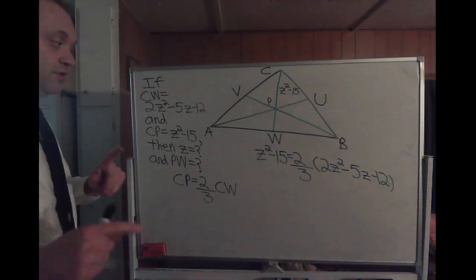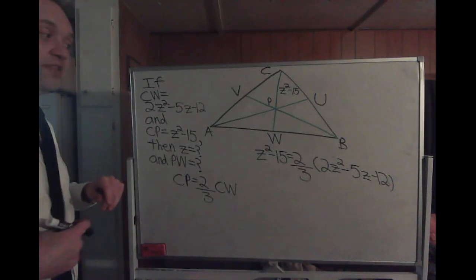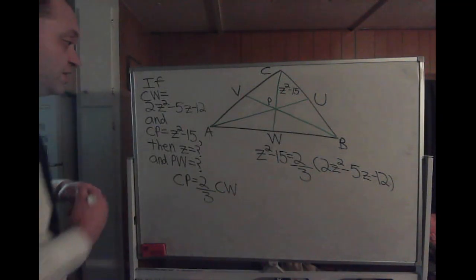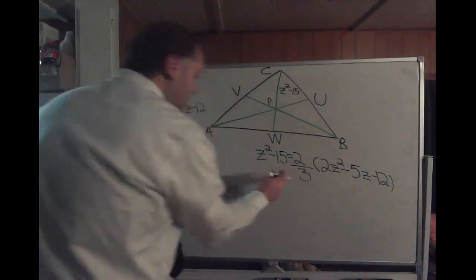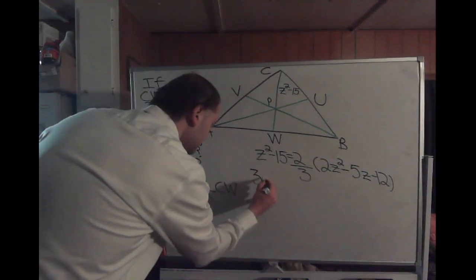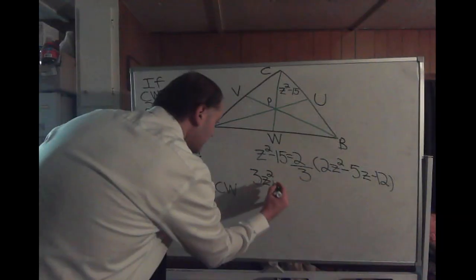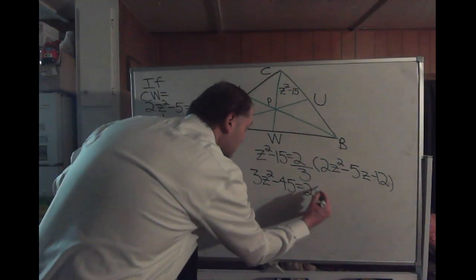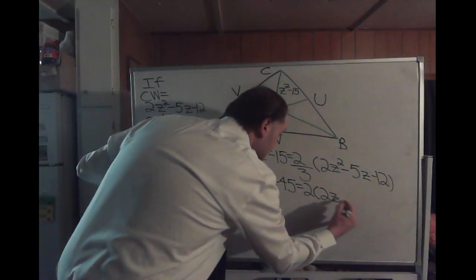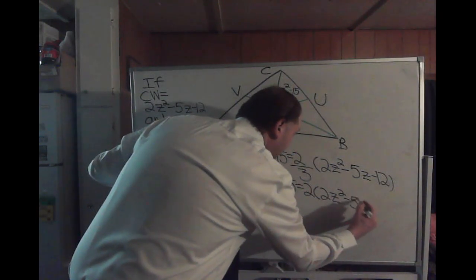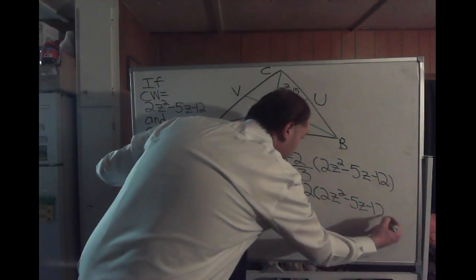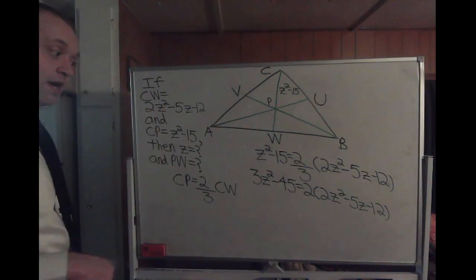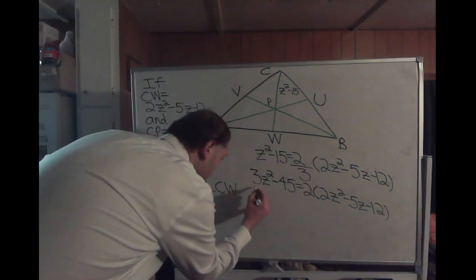Well, if I were you, multiply both sides by 3, will you? So we can get rid of the fraction. Let's not deal with fractions. If you multiply both sides by 3, you'll get 3z squared minus 45 equals 2 times 2z squared minus 5z minus 12. So now we no longer have a fraction, at least. Whew, right? Let's do the distributive property.